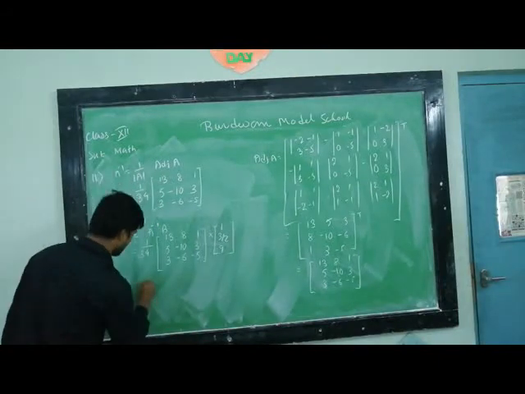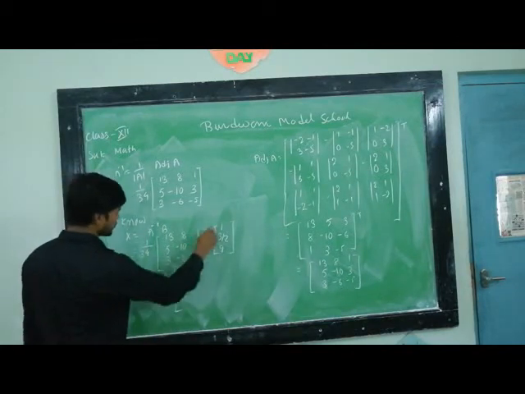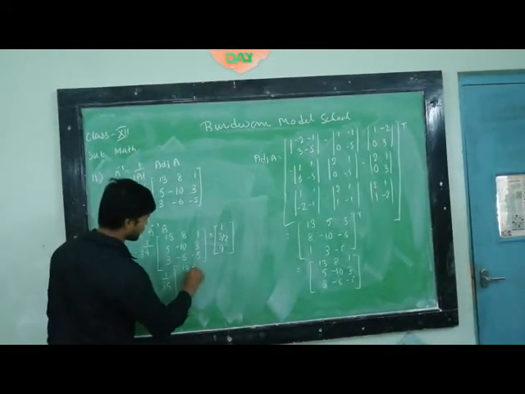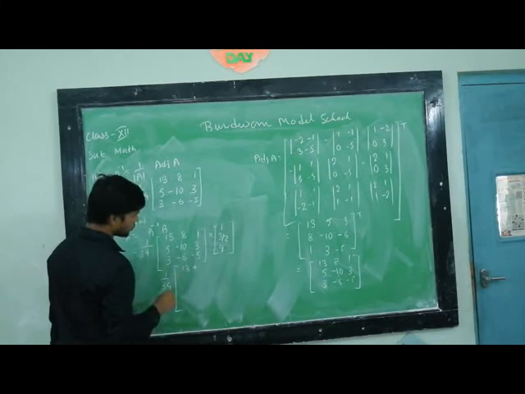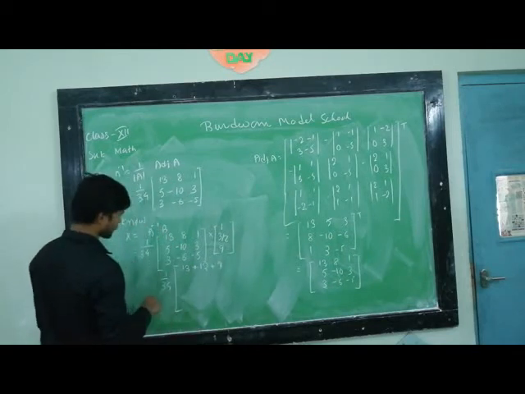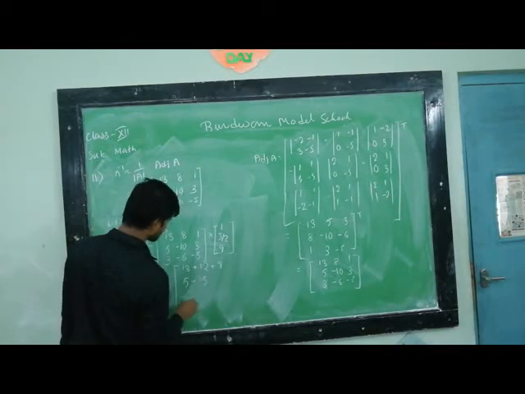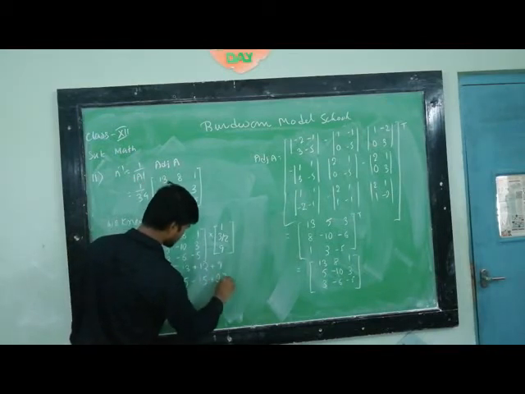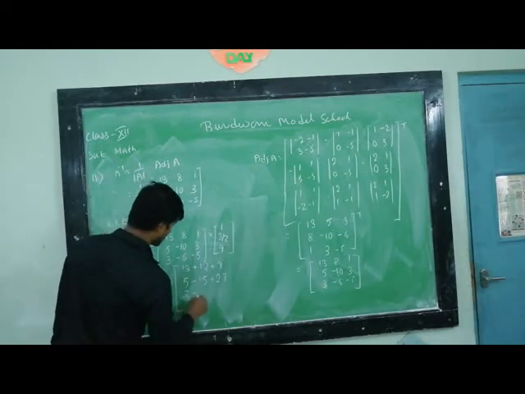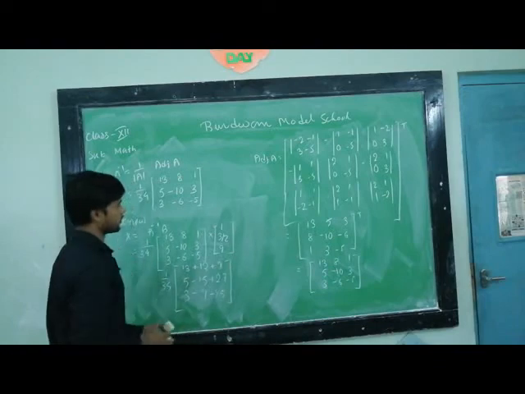Now multiply it. That is 1 by 34 into the matrix: this is 13 plus 12 plus 9, 5 minus 15 plus 27, and this entry is 3 minus 9 minus 45.